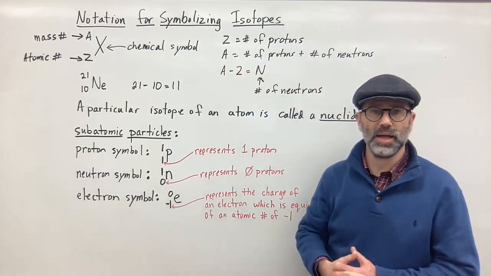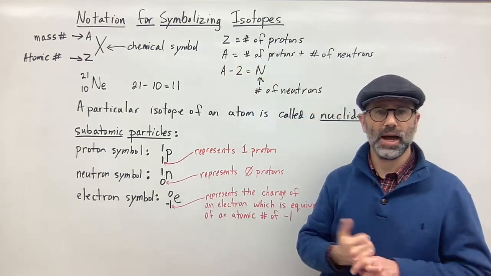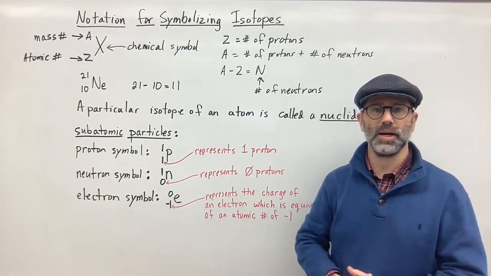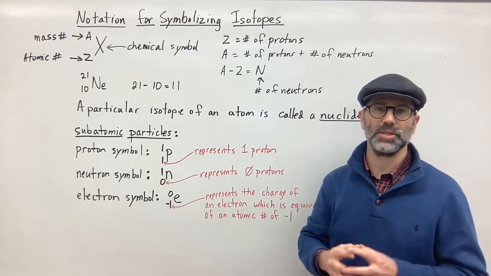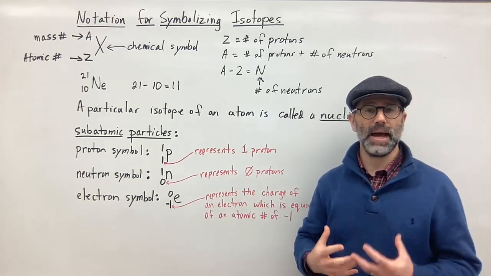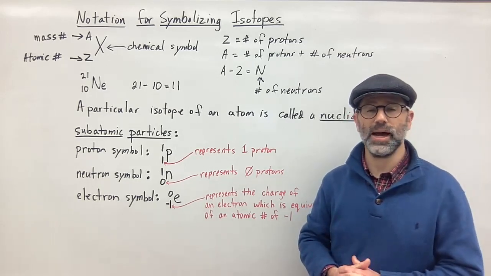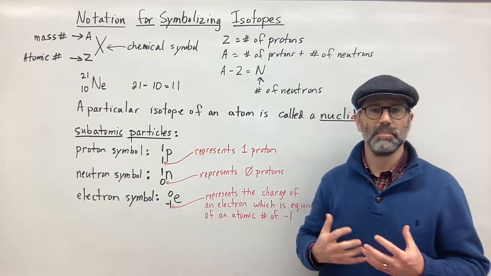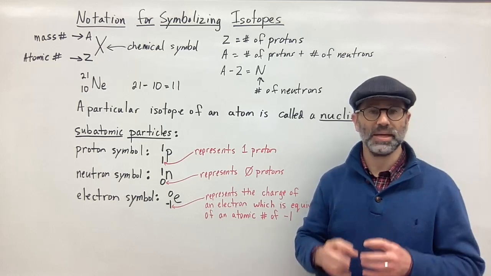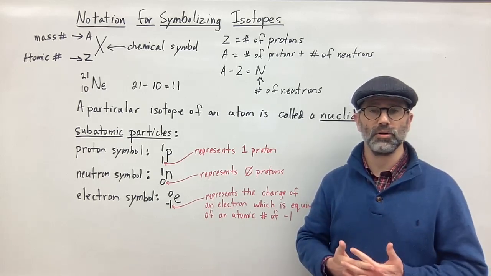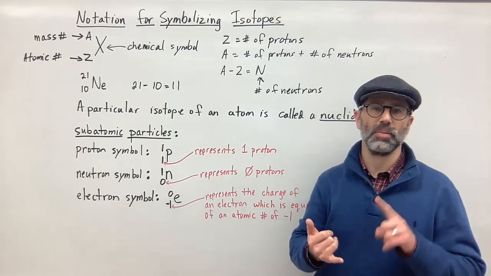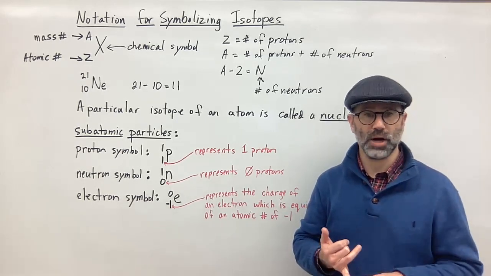And the way you can remember that is you have the mass of a single atom. When we're talking about isotopes, we're talking about single atoms here. And when we're talking about the mass of a single atom, about 99% of the mass of an atom is in the nucleus, and the two particles that are in the nucleus are the protons and the neutrons.